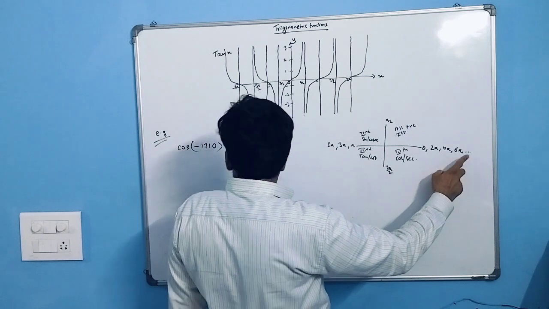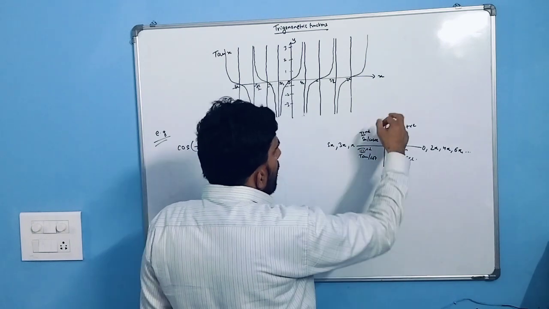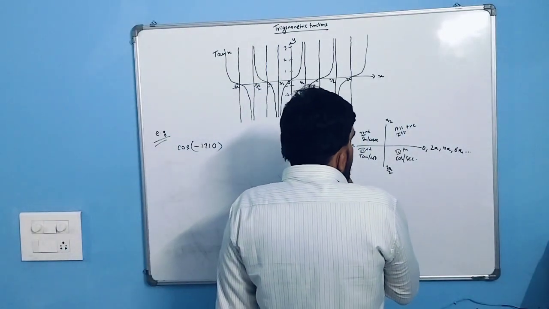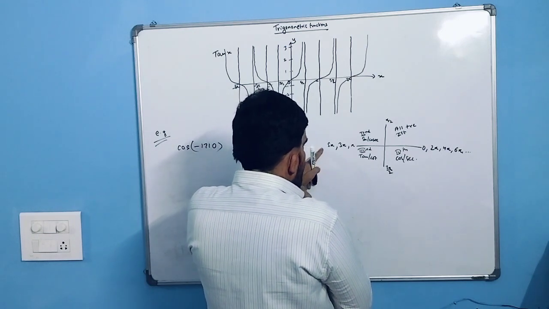We have here 1080, then we will have 1170, and we'll have 1260 here. Okay, 1260.